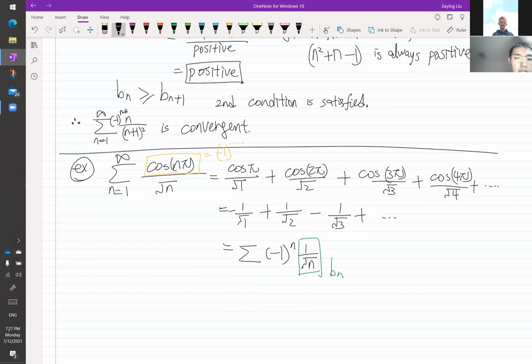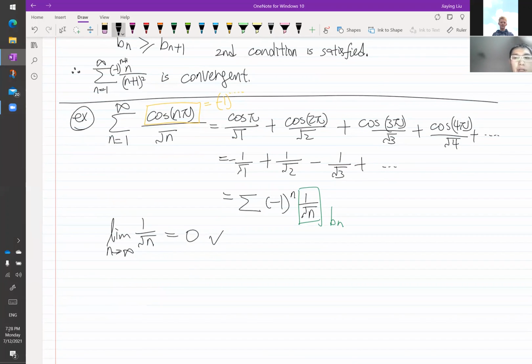So the first condition is to take the limit as n goes to infinity of Bn. If you're familiar with this, it's fairly straightforward. If n goes to infinity, the denominator goes to infinity, but the overall goes to 0. So that's good. The first condition is satisfied.